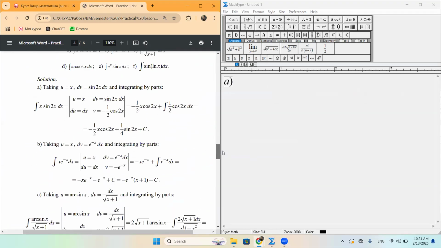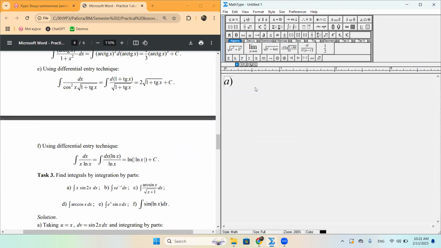We have the next integral: x multiplied by sine of 2x dx. According to our rules, u equals x, and du equals dx.